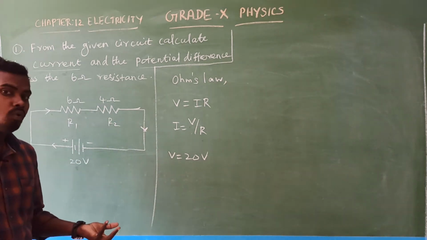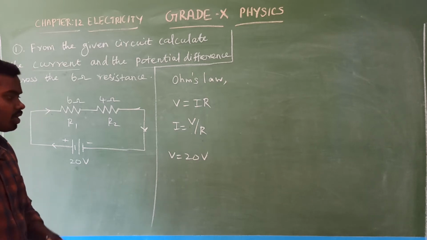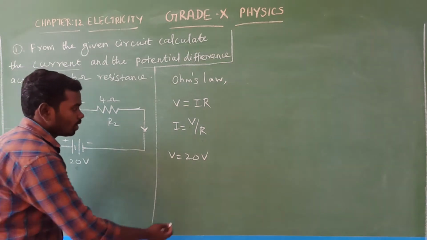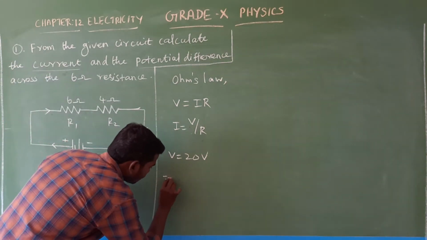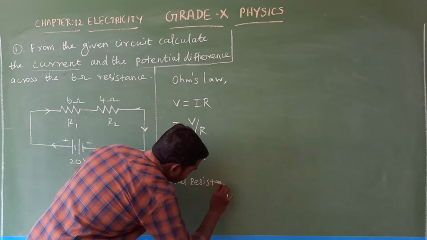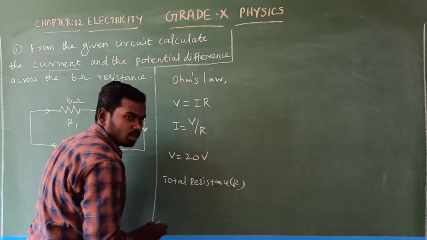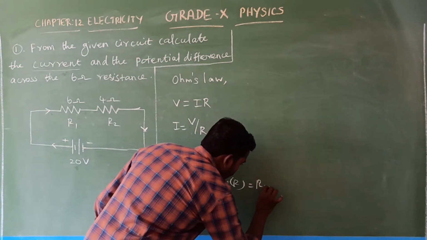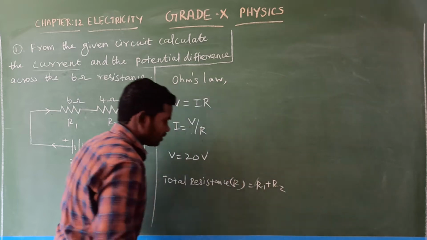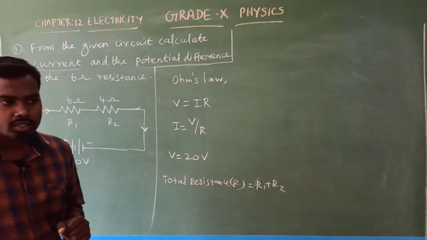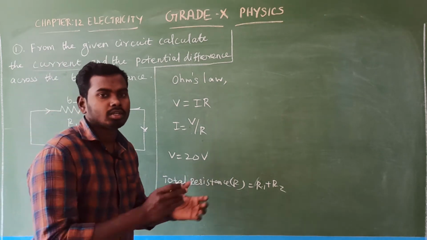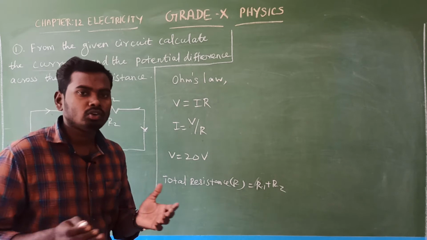So the total resistance R is equal to R1 plus R2, because two resistors are connected in series. In series combination, the total resistance is equal to the sum of individual resistances.